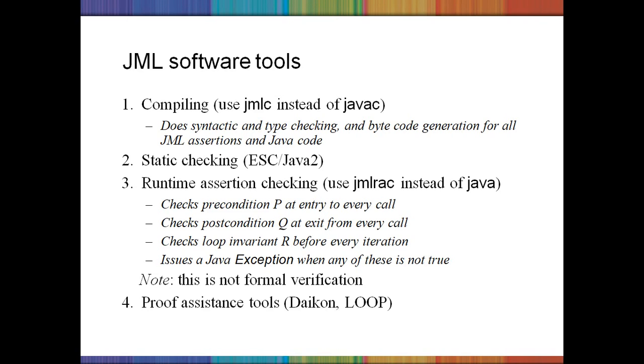And also there exist some proof assistance tools, because you have to prove that whatever you have written is according to the specification. To do that, Daikon and Loop are the two tools available for proof assistance. Please remember, this pertains to Java applications only, that is for Java application checking.